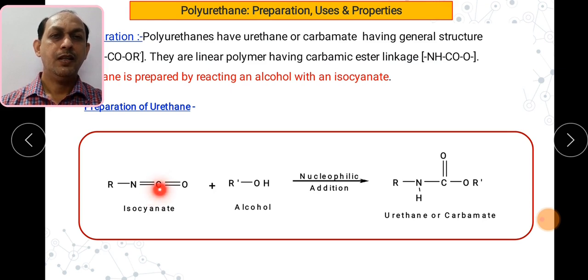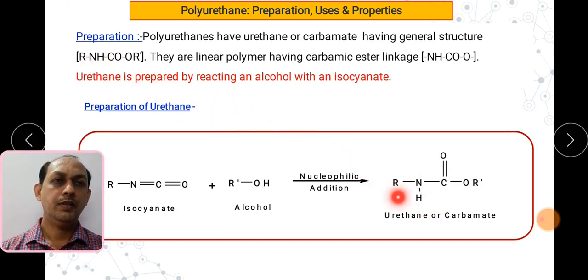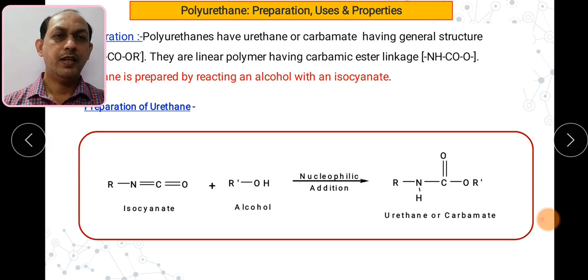So there is a bond between C and this O, and H comes from the alcohol, and they form the urethanes. See this structure, RNH C double bond O OR, which I told you earlier. So this is the structure of urethane. So in the first step, urethanes can be prepared by the condensation of alcohol and isocyanates. This is basically an addition reaction.